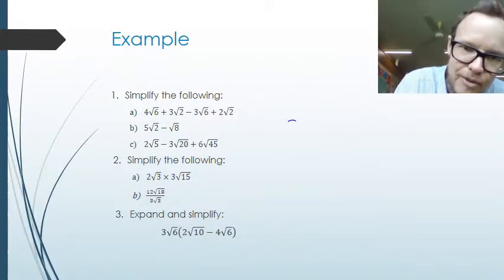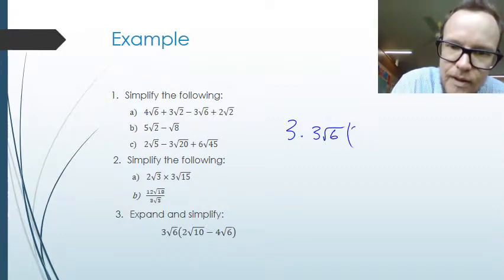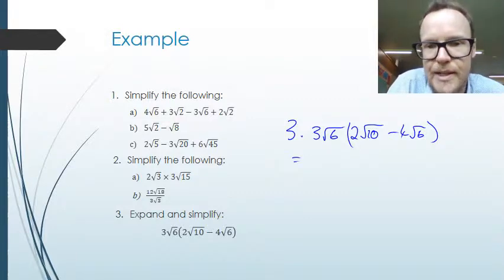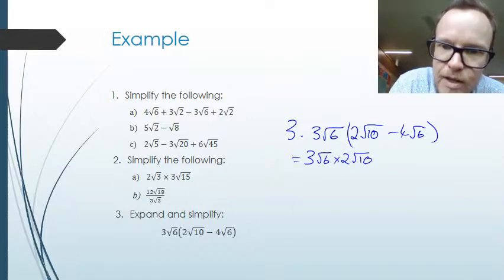And lastly, question 3, we're asked to expand and simplify. So we've got 3 root 6 times 2 root 10 minus 4 root 6. So we're looking at expanding and simplifying. We do the 3 root 6 times 2 root 10 minus 3 root 6 times 4 root 6.